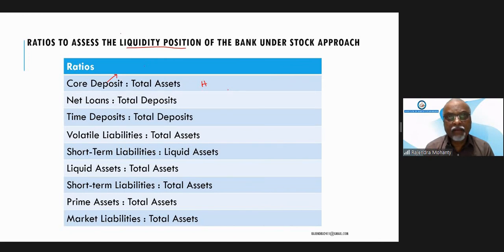If the ratio is nearing 1, it shows more liquidity? No, you are talking about profitability. If it is 1, profit will be more. 100 rupees loan, 100 deposit, then you are talking about profitability.